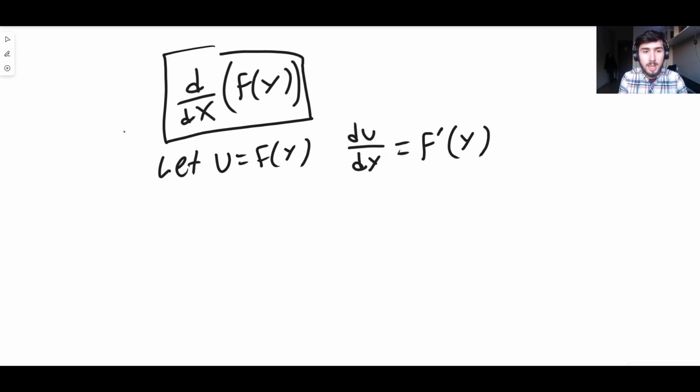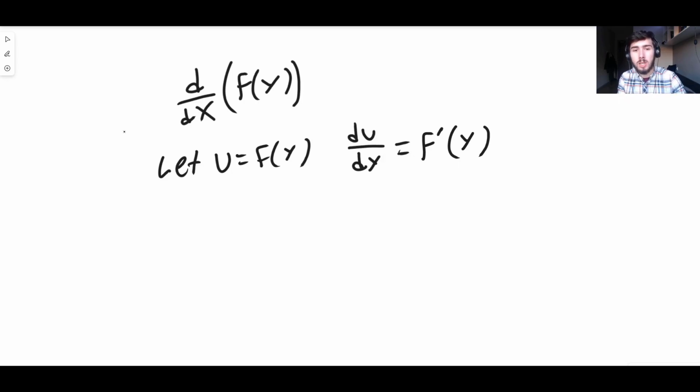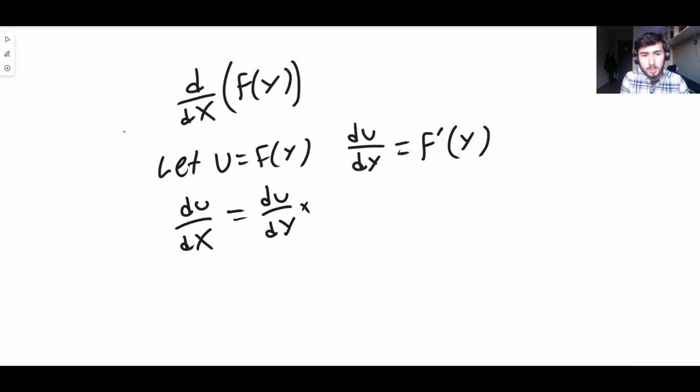So we need to see how we can make du/dx. Well, we've got here our du/dy. We've already got that. We've worked it out. It's f prime of y. It's the derivative of the function of y with respect to y. It's fine. So how do we make du/dx, when we've got du/dy? What can we times du/dy by in order to make du/dx?